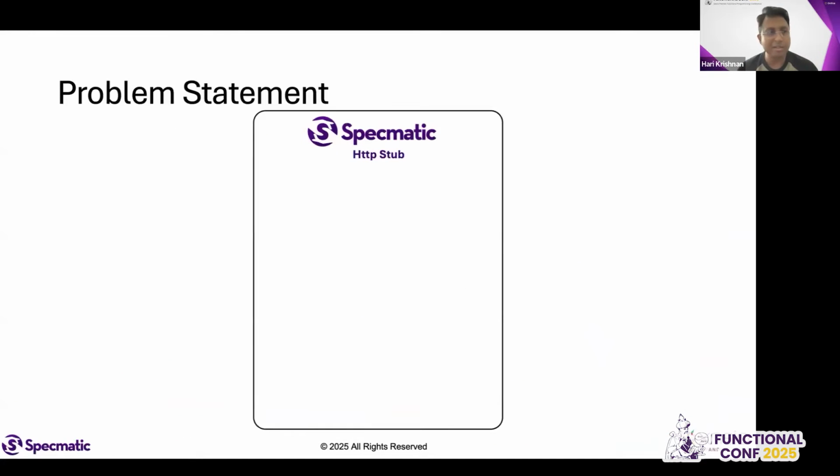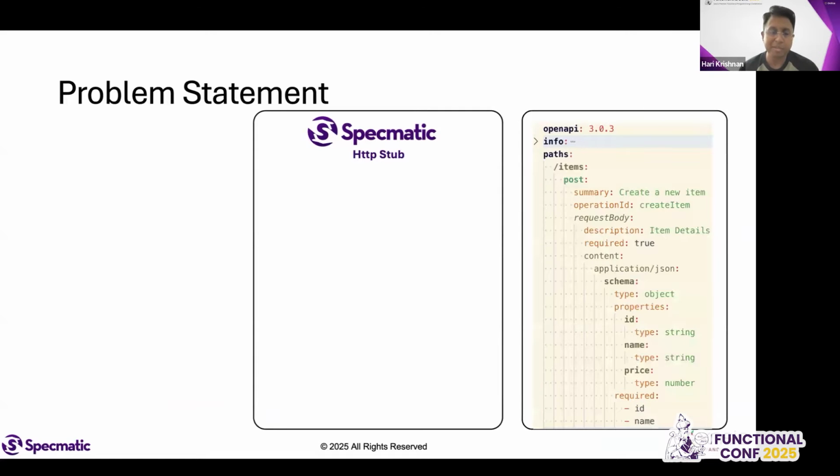So again, this is an experience report. The open source code that we were writing for Specmatic some 5 years ago, at that point, we had to work on creating an HTTP stub server, which is based off of an OpenAPI specification.